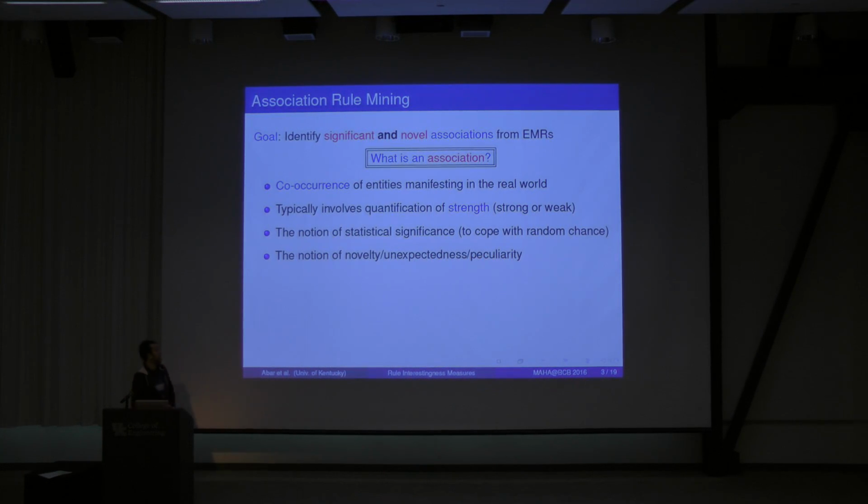In our case, the association is the occurrence of entities manifesting in the real world, and it typically involves quantification of strength. When we quantify it, we can rank based on it, so we can get the best ones.